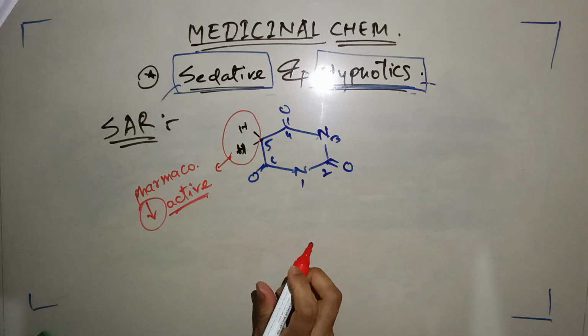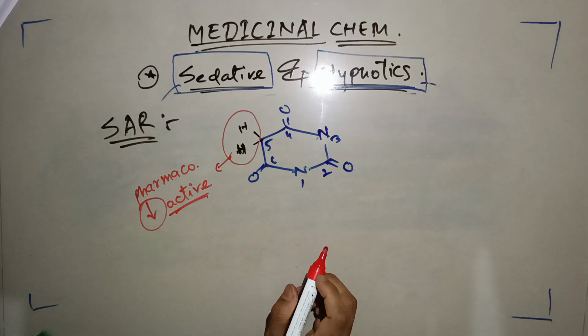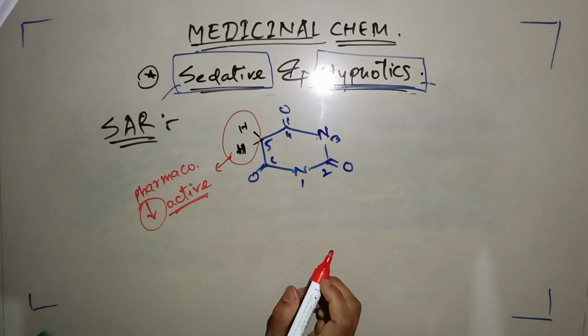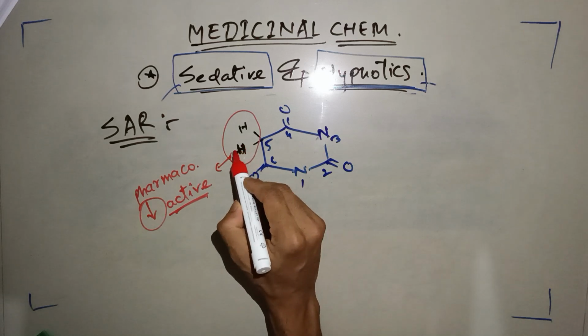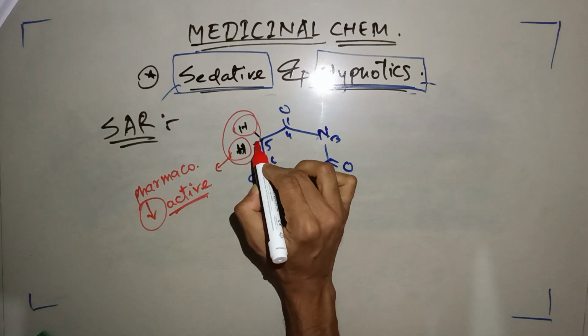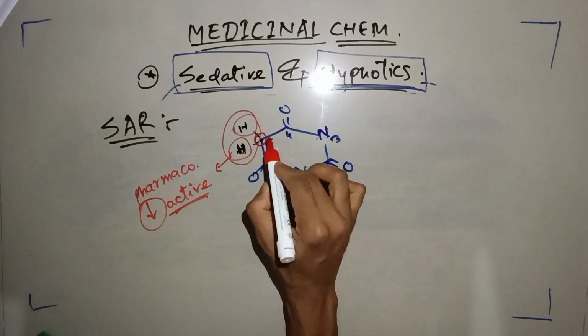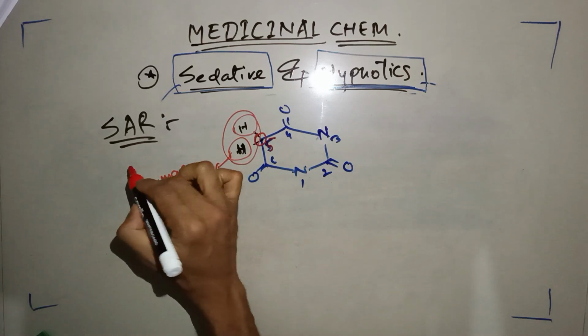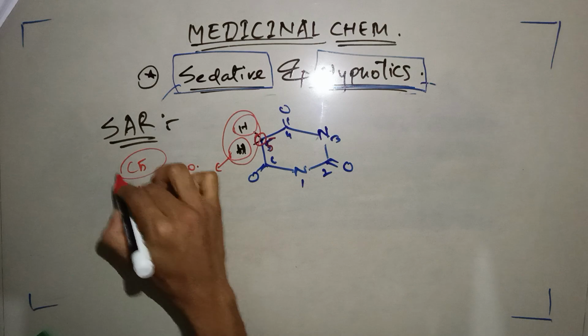So remember, barbituric acid is less pharmacologically active because of the presence of these 2 protons at the fifth position. Which position? Fifth position, or you can say C5.